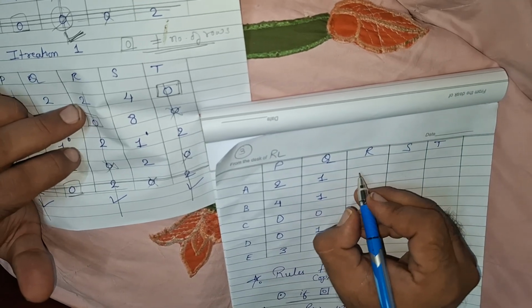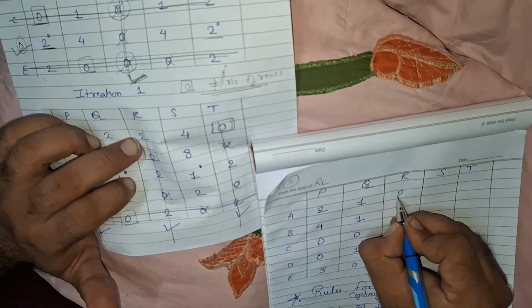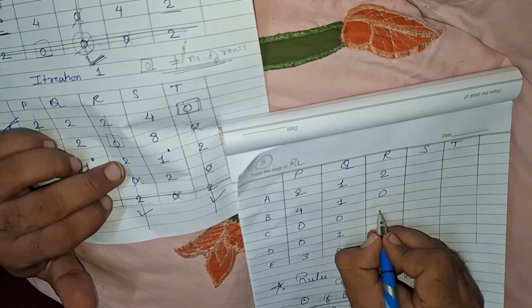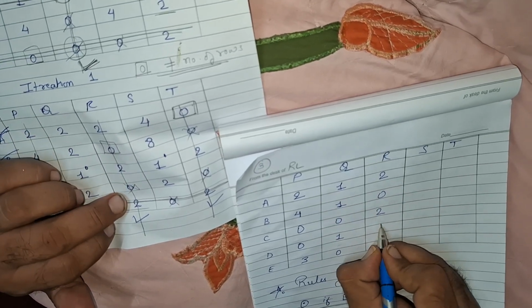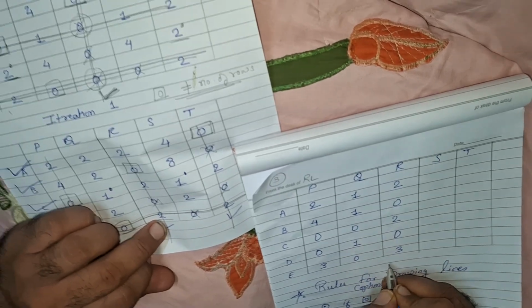Same way, R variables are on line. So 2 is on line, so I will keep it as it is. 0 as it is, 2 as it is, 0 as it is. But yes, this 2 is on intersection, so I will add 1, that will make 3.